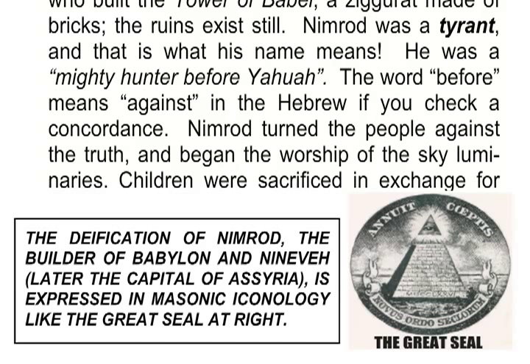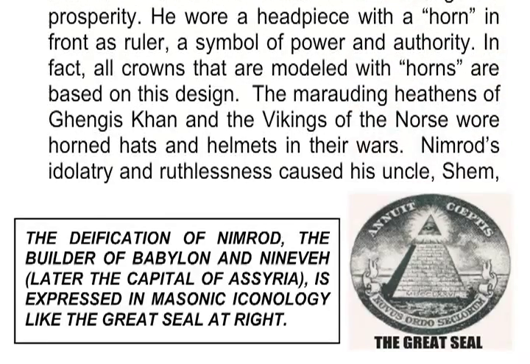Children were sacrificed in exchange for prosperity. He wore a headpiece with a horn in front as ruler, a symbol of power and authority. In fact, all crowns that are modelled with horns are based on this design.